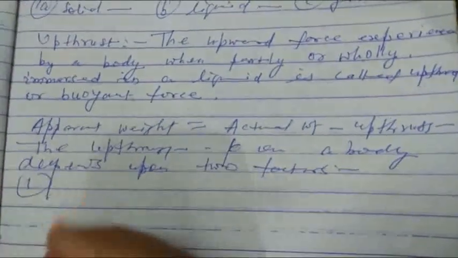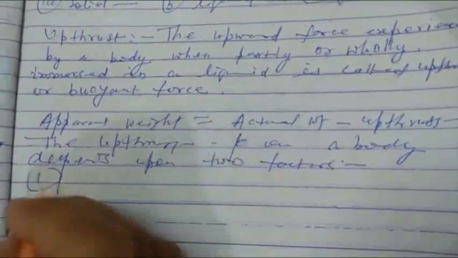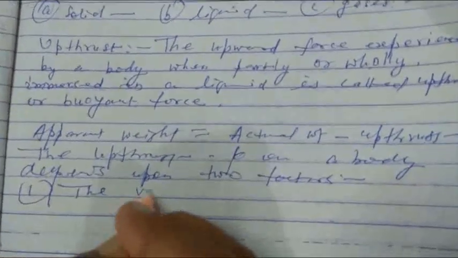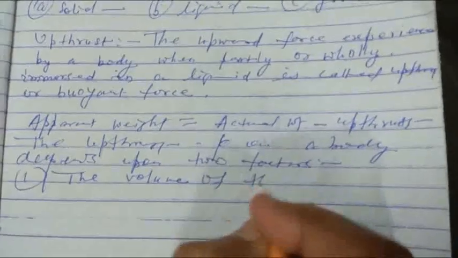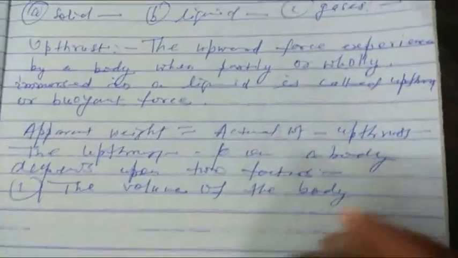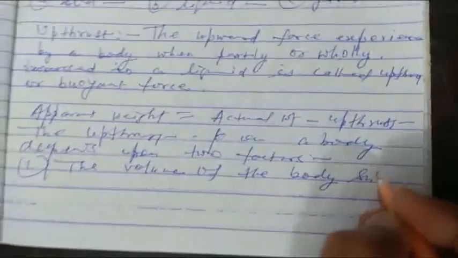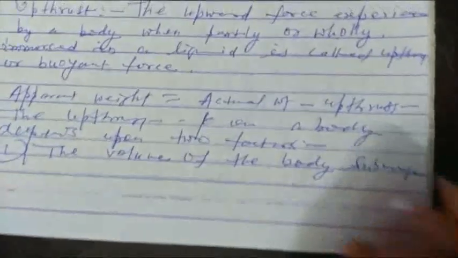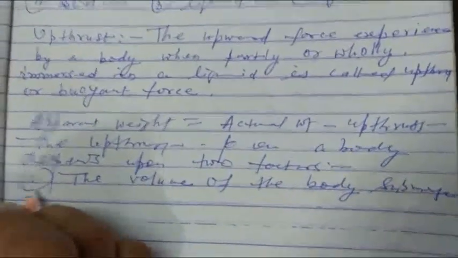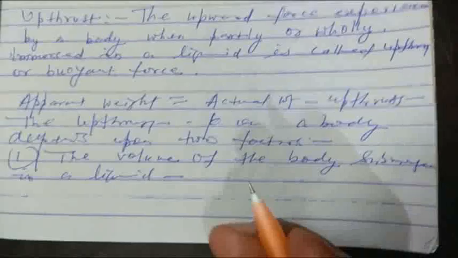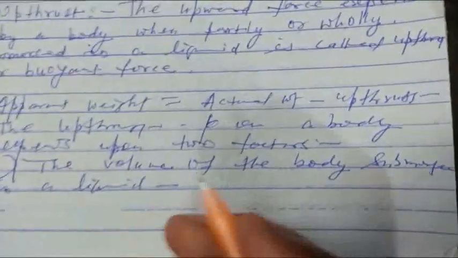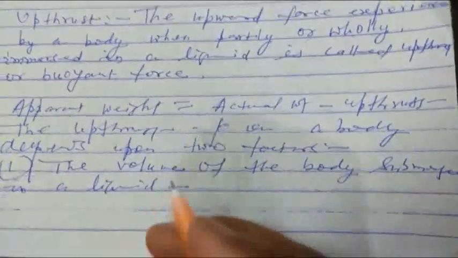Number one, the volume of the body submerged in a liquid. The space occupied by an object is called its volume. So the larger the volume of a body submerged in a liquid, the greater is the upthrust.